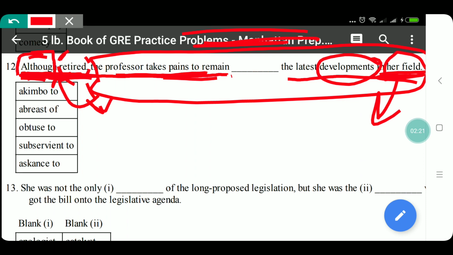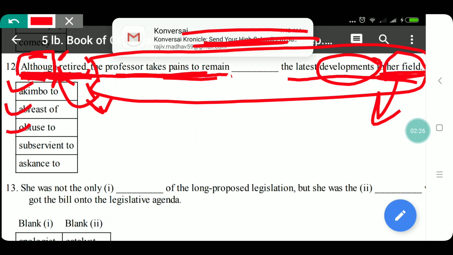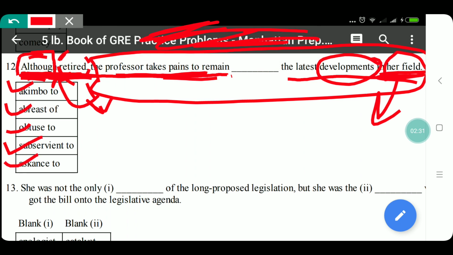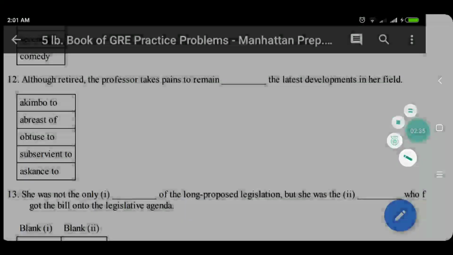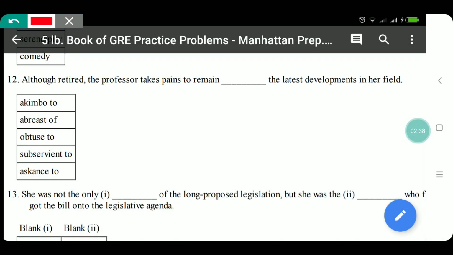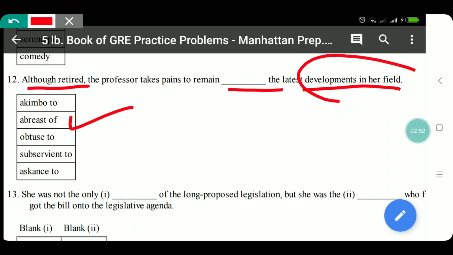Now, the options are akimbo to, abreast of, obtuse to, subservient to, and askance to. Now you gotta know the words. Let's check out the meanings. For this question, the correct option is abreast of, because it means up to date with the latest developments in the field. Although a retired person doesn't take that much effort to be up to date with developments in her or his field, although is a contrast indicator.